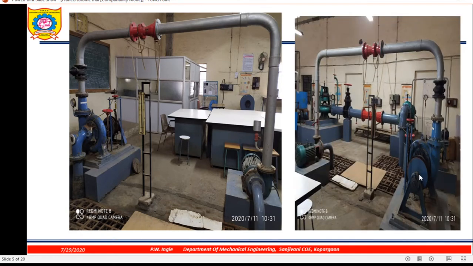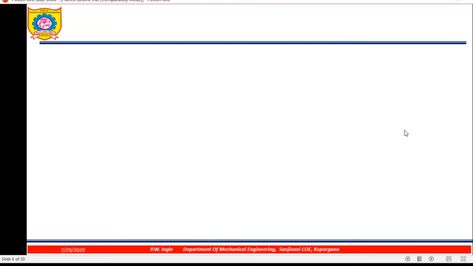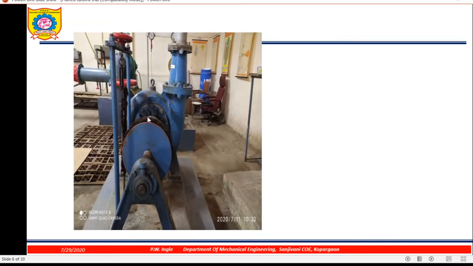So again you see here, this is the rope brake dynamometer. Now, this is very important. Since we have to maintain the speed variable for every reading, how do we vary the speed?